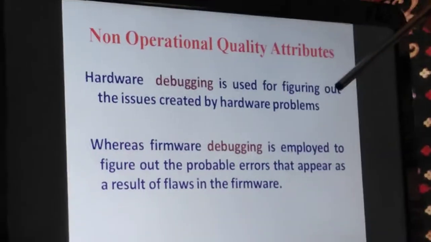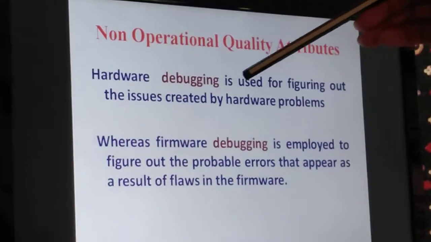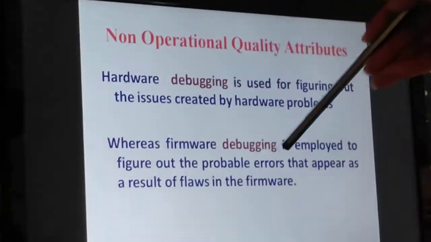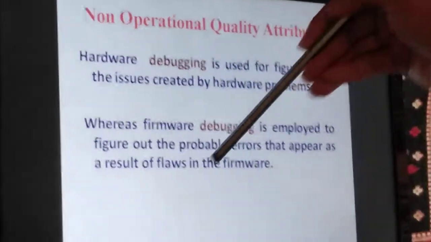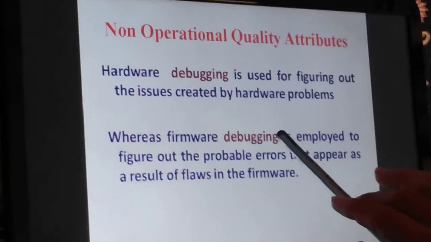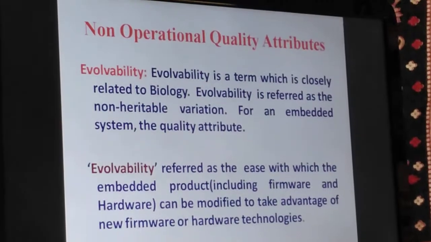Hardware debugging is used for figuring out the issues created by hardware problems, whereas firmware debugging is employed for figuring out the problems that appear as a result of flaws in the firmware. If there are flaws in the firmware, we can rectify them after debugging the software.